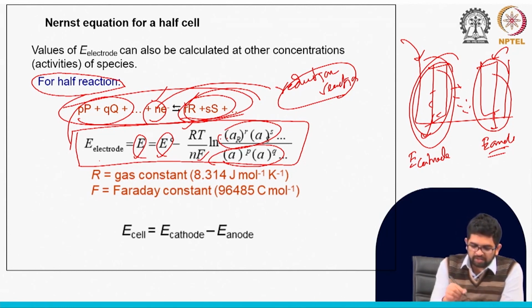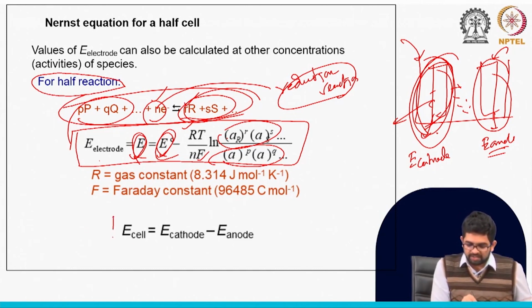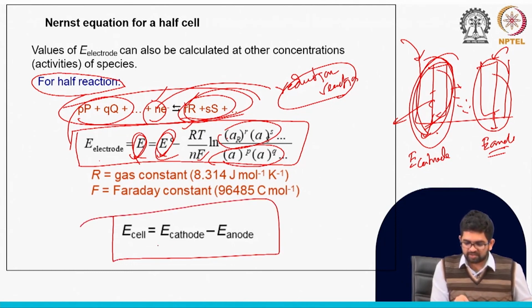You can ask me, sir, what is the E0? E0 means the actual potential of your electrode, which I will come to in the next slide. So, we are calculating the actual potentials of these electrodes, equal to E0, the formal potential, and I am going to tell you again what the E0 is. E cell we generally represent as E cathode minus E anode. How can we calculate E cathode and E anode?